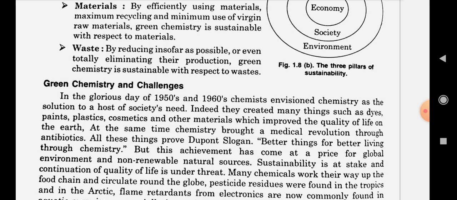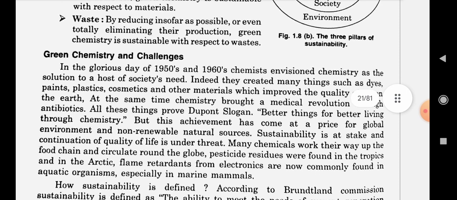Green chemistry is sustainable with respect to materials waste, by reducing insofar as possible or even totally eliminating its production.